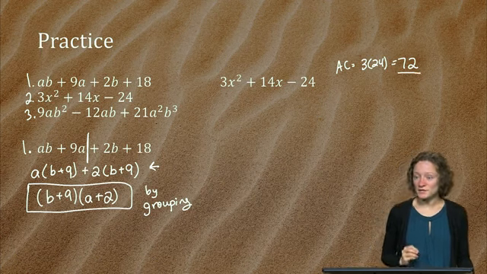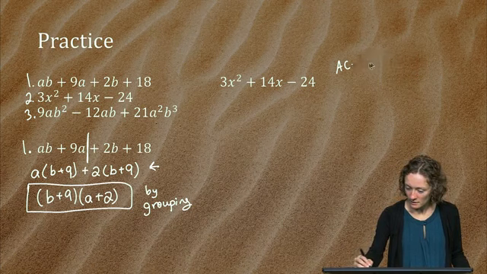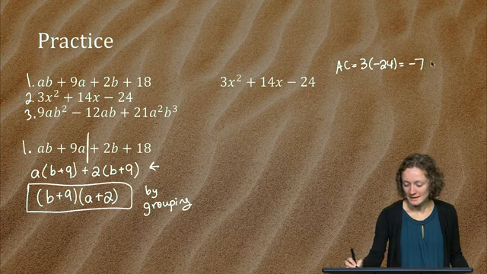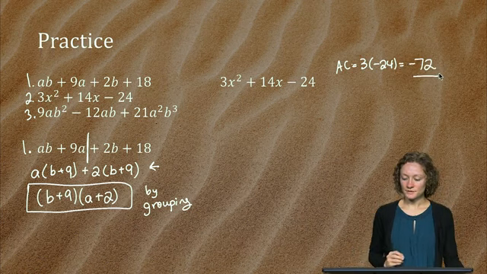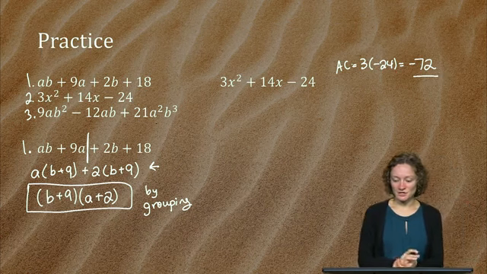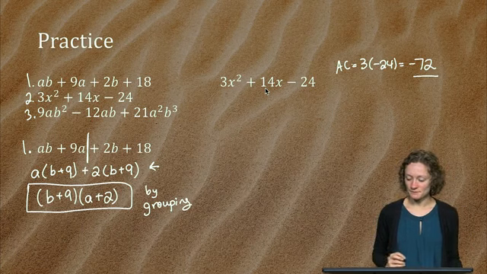Okay, so we need 2 things that multiply and give, my mistake, even more, 3 times negative 24, which gives us negative 72. So we need 2 things that multiply and give us negative 72, and add subtract to give positive 14.